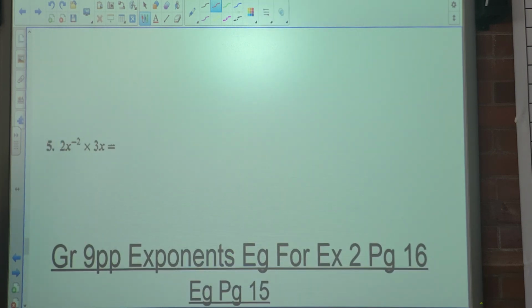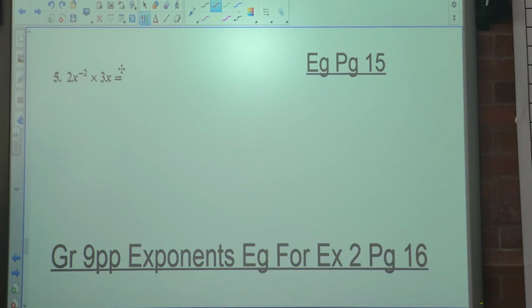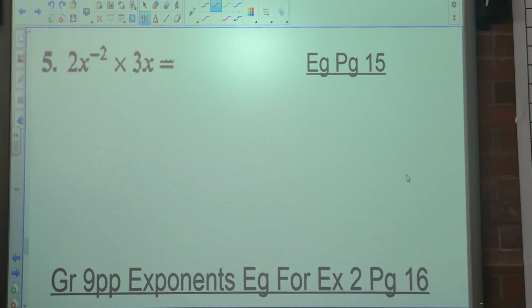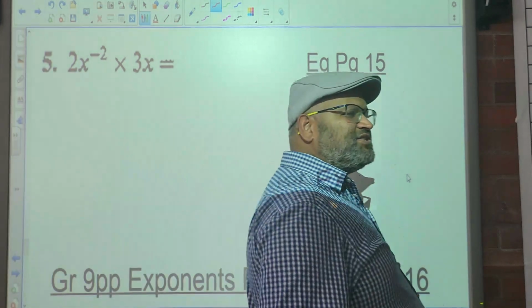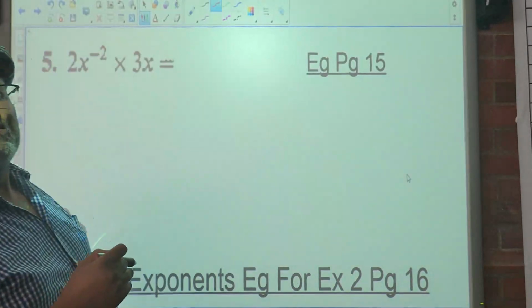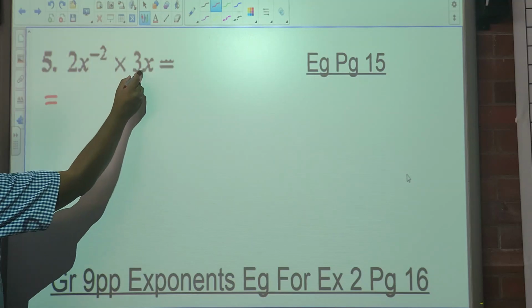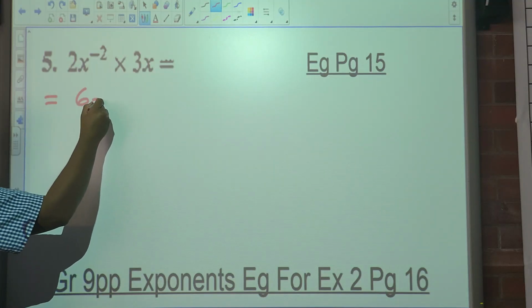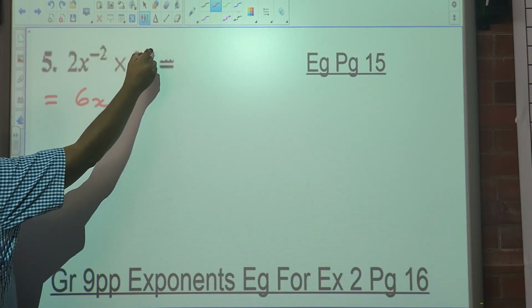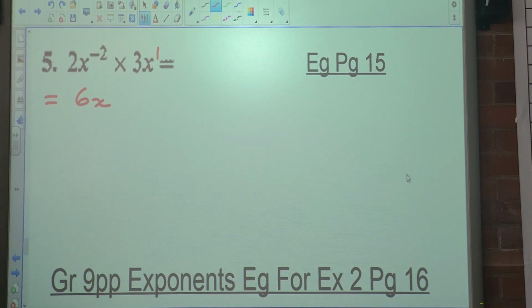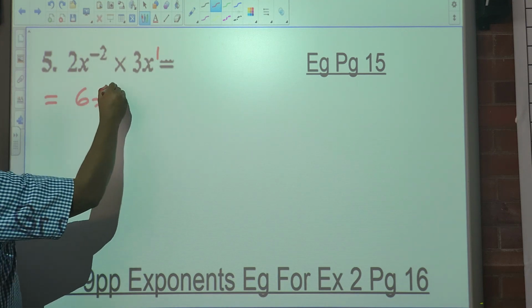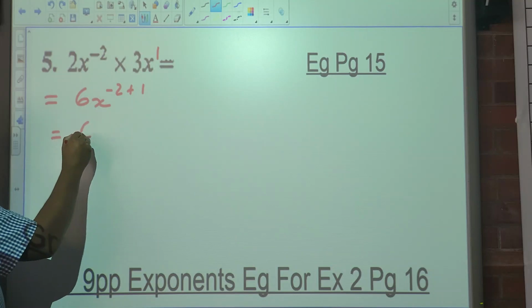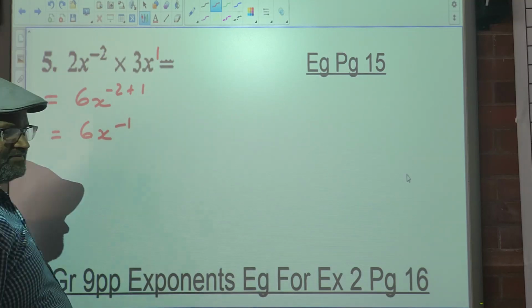Okay, number 5. Let's look at number 5 quickly. So here again, when we're multiplying, the bases are the same. What do you do to the exponents? We add them. So 2 times 3 is 6x. Negative 2 plus 1. I'm multiplying, not so? So what's negative 2 plus 1?